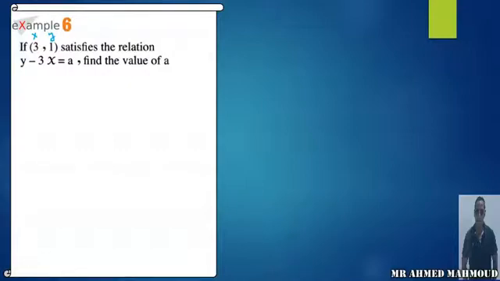Here I have 1 minus 3 times 3 equals a. Then 1 minus 9 equals a. Then 1 minus 9 equals negative 8 equals a, and this is the value of a.